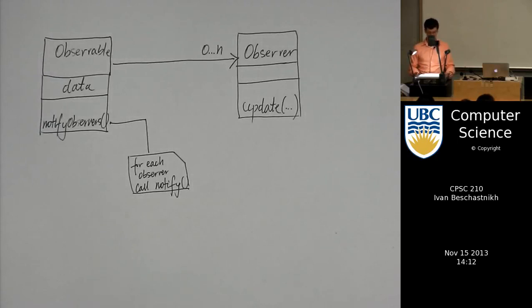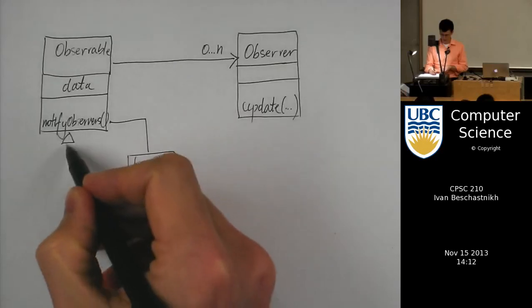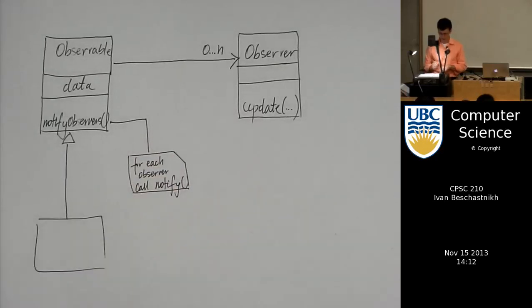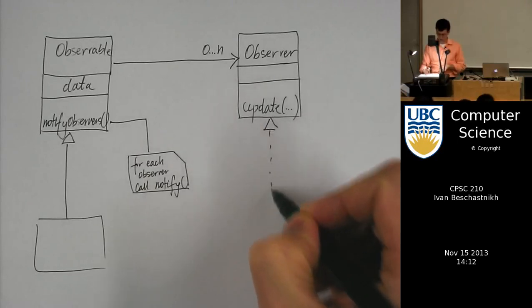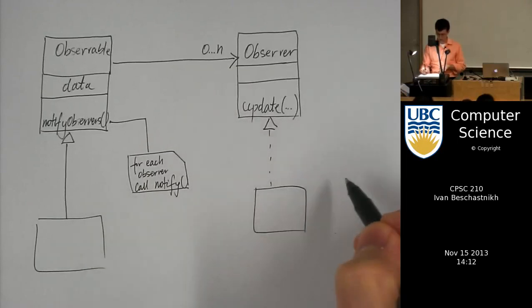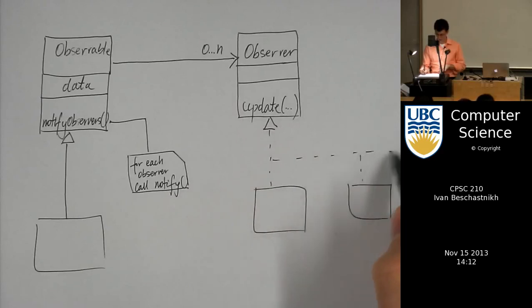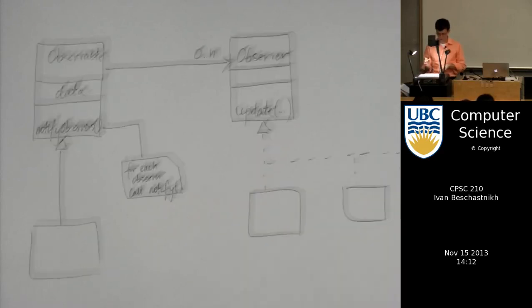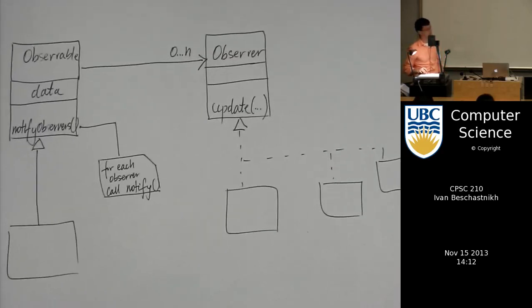And then concretely, you're going to extend observable in some way and implement or extend the observer. And you may have multiple observers. There might be multiple classes interested in this data. Right?